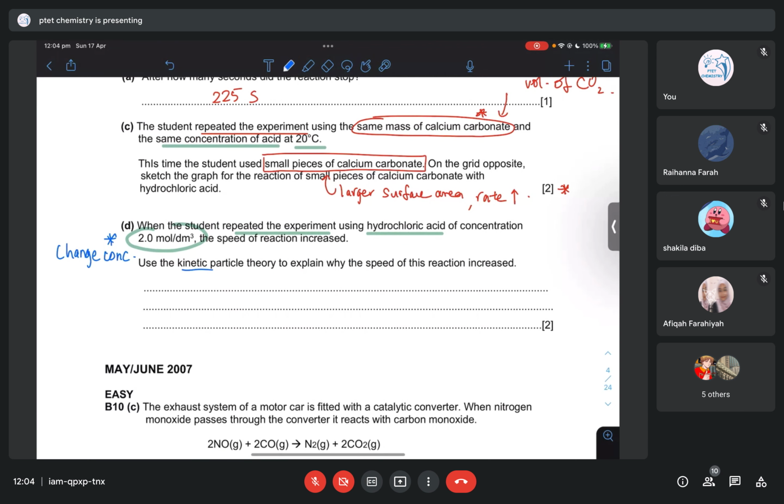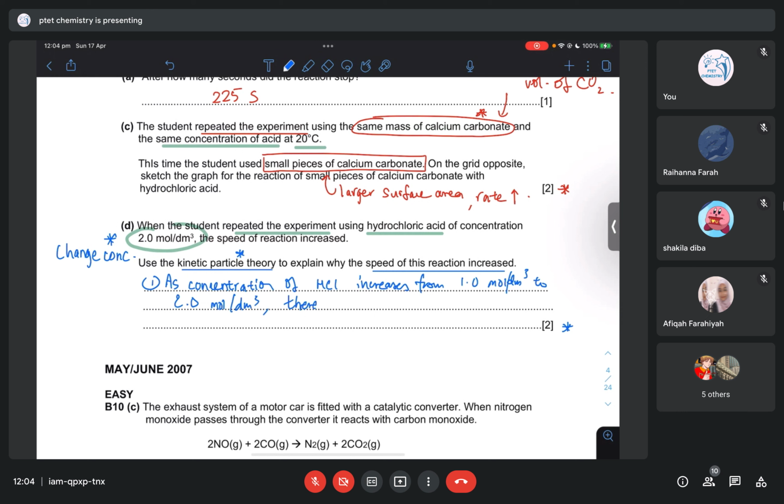Use kinetic particle theory. Why the speed increase? For 2 marks, you need to think about what happened to the particles as the concentration of HCl increases from 1 mole per dm cube to 2 mole per dm cube. What has happened is there are more H plus particles.